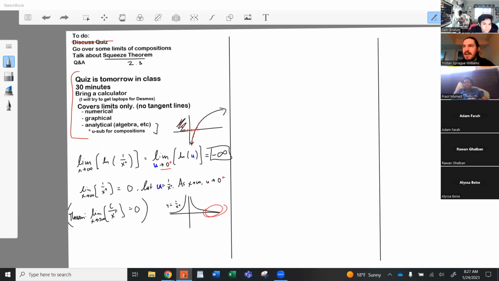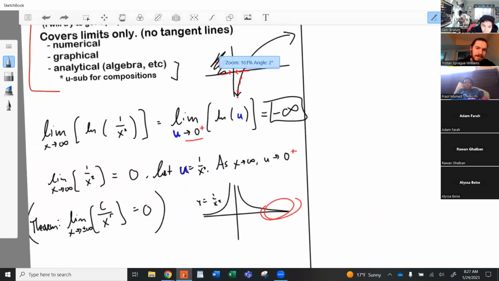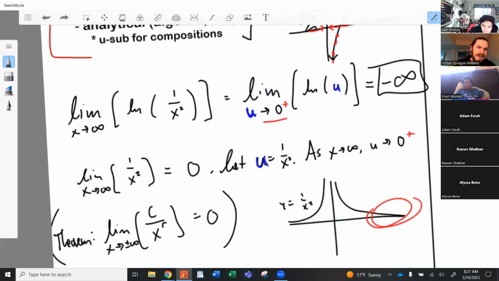Let's see. Real quick, there's a question in the chat. The question is why was it at first x approaching infinity and then it became u approaching 0? Okay, so the reason it was x approaching infinity is because that's just the problem that I wrote. That's just the problem I decided to look at here. So that came from me. But then this did not come out of nowhere.